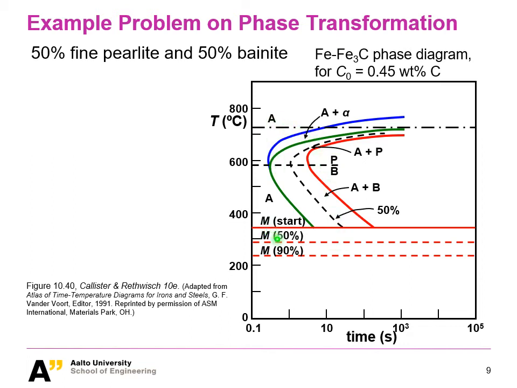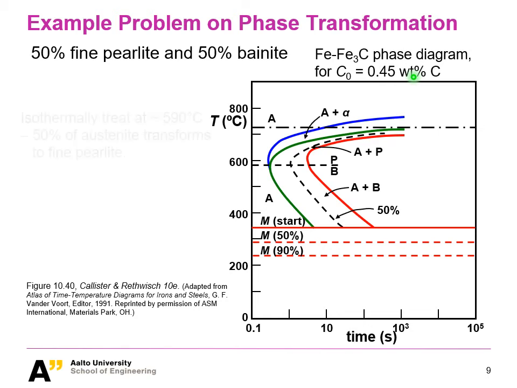And then you also have the martensite start, 50 and 90% martensite temperatures. We're given a specific chemical composition, 0.45 carbon. If you remember the phase diagram of carbon and iron, this is a hypoeutectoid composition.